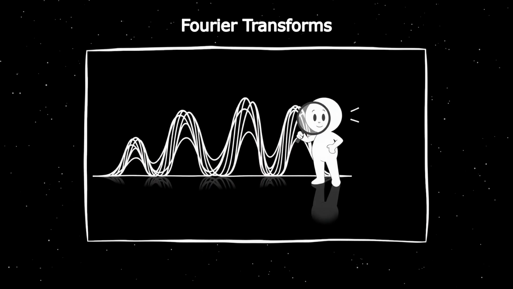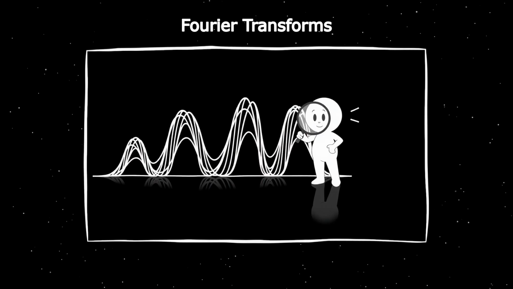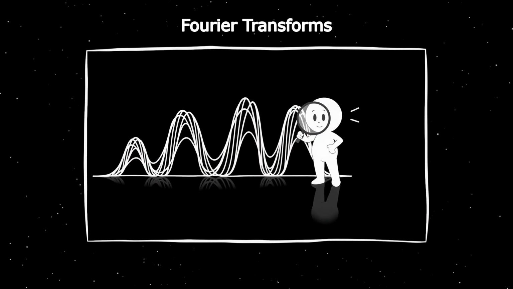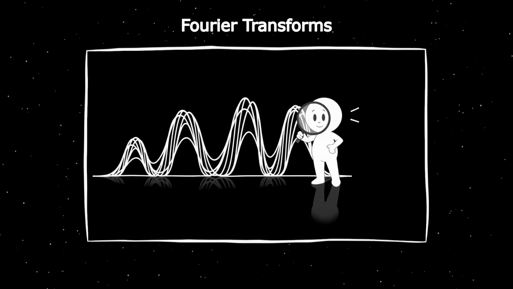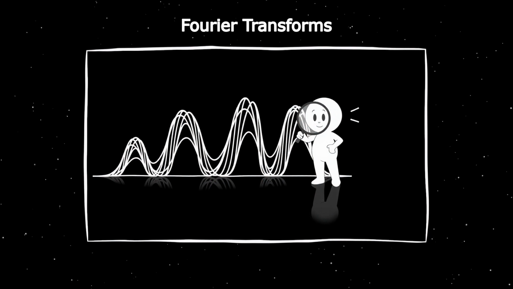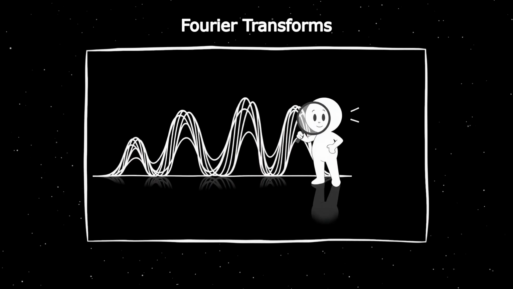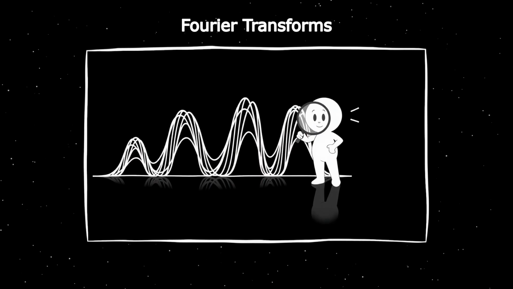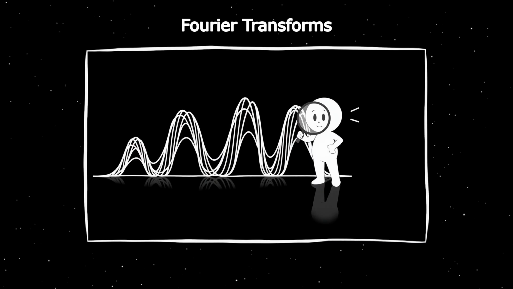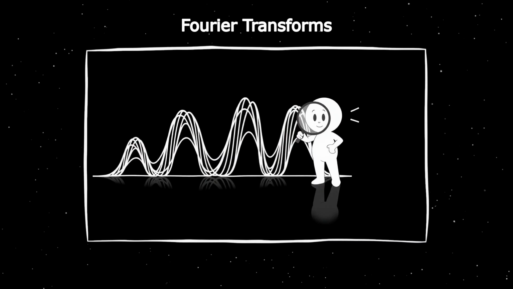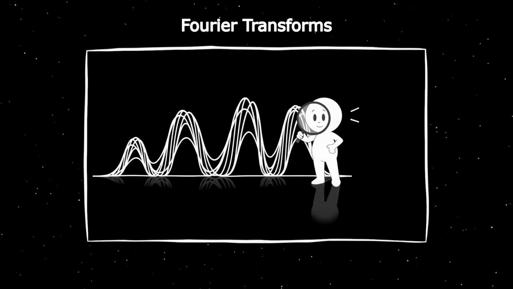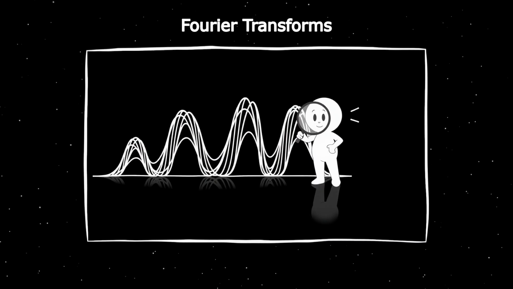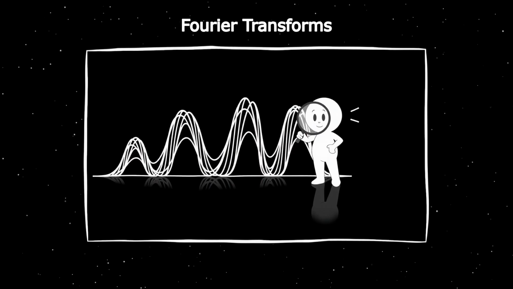Consider a simple sine wave, which represents a pure frequency. It exists solely at one frequency and provides a clear example of how a fundamental frequency looks in the Fourier domain. When you take a square wave, which is more complex and includes a mix of frequencies, Fourier transforms come into play, breaking it down into its fundamental frequencies and harmonics.